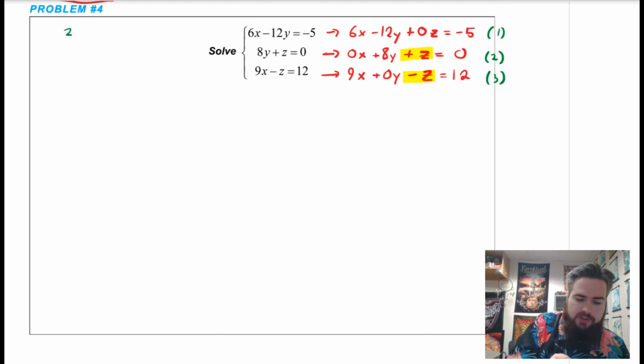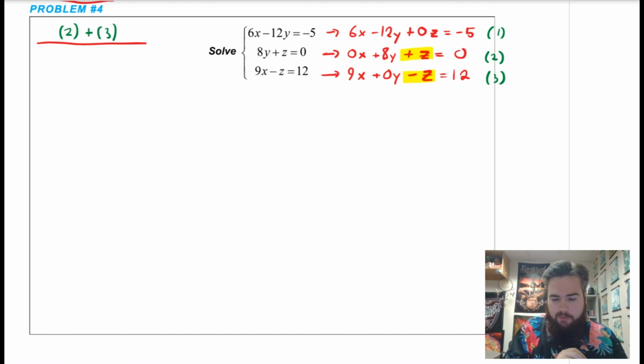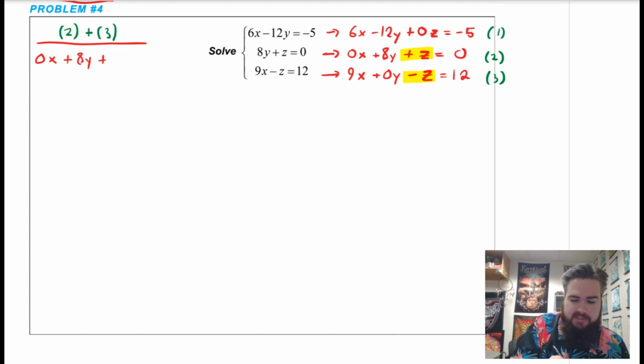So I'll do that on the side over here. I'm going to take equation 2, and I'm going to add equation 3 to that. So that will look like 0x plus 8y plus z equal to 0. I will add that with 9x plus 0y minus z equals 12.